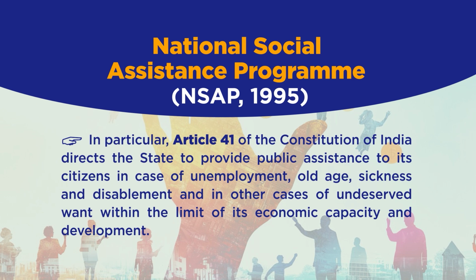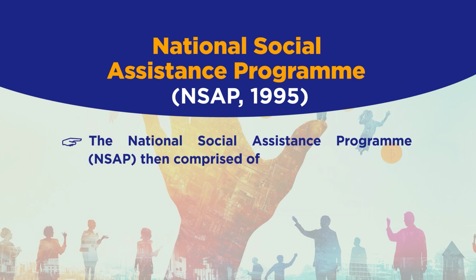It directly states to provide public assistance to its citizens in case of unemployment, old age, sickness, and disablement, and in other cases of undeserved want within the limit of its economic capacity and development. So, these national assistance programs, which comprise 3 programs, are a reflection of the directive principles and duties, the responsibility given to the government in our Constitution.